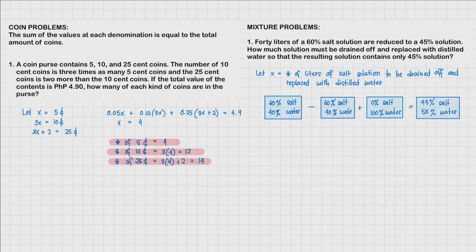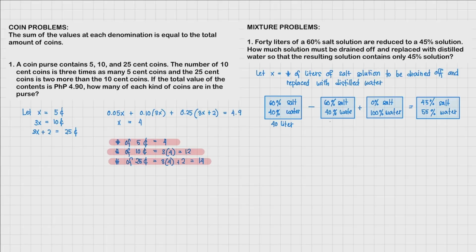Initially, what we have is a 60% salt and 40% water mixture for the 40 liters of a 60% salt solution. So this is 40 liters. Then we're going to subtract a certain number of liters from the 40 liters of the 60% salt solution.